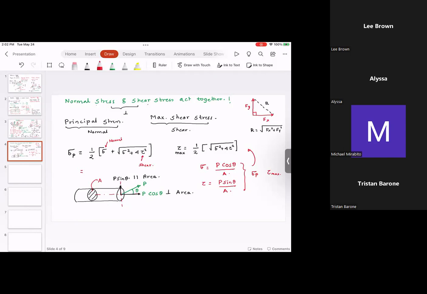There are some additional stresses that you should be aware of. There is something called complementary shear stress. That shear stress is, as the word says, complementary. We didn't ask for it, but we just got it.